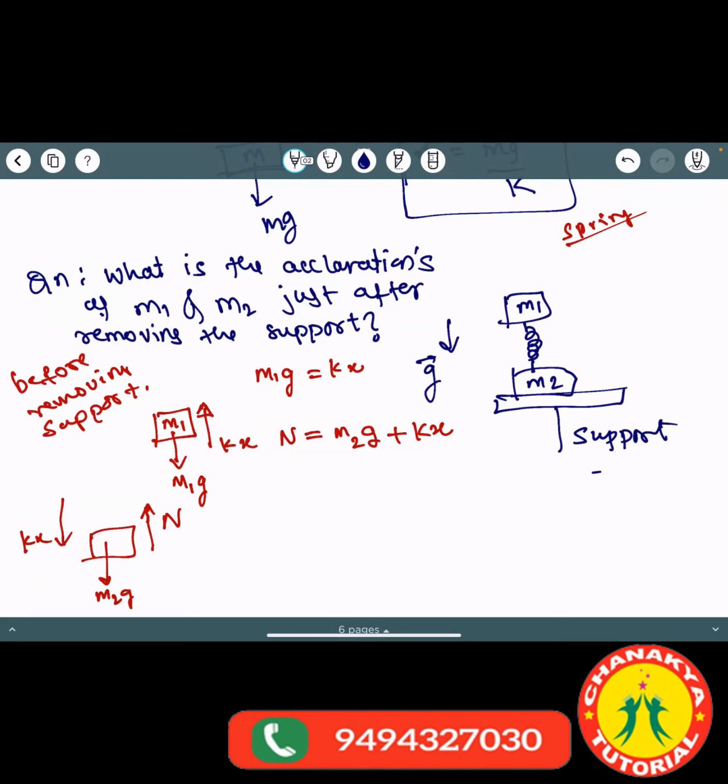Okay, now tell me guys, after support is removed, tell me, once you remove the support, what happens? Which force will not come into picture?